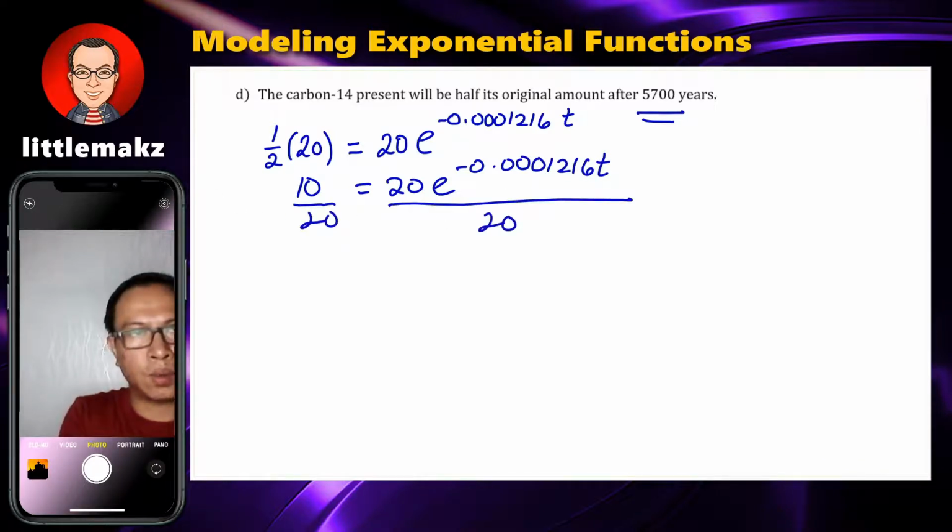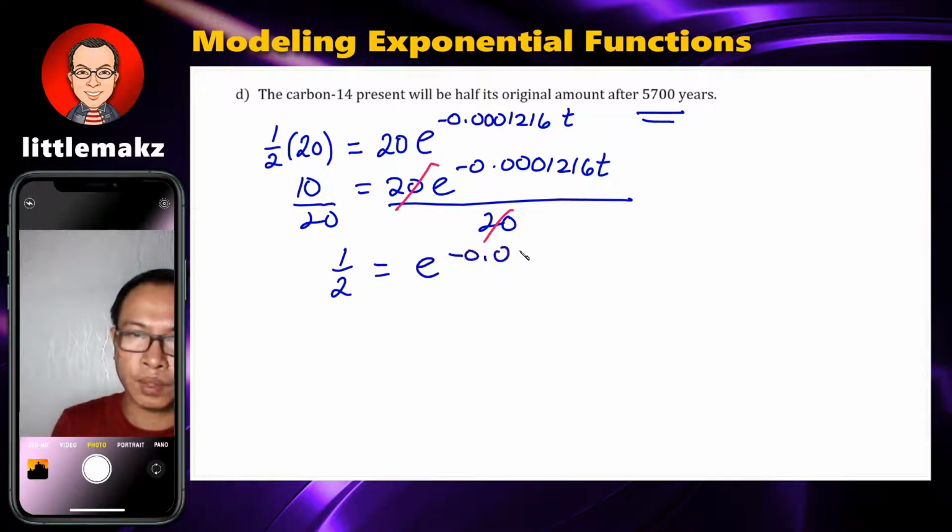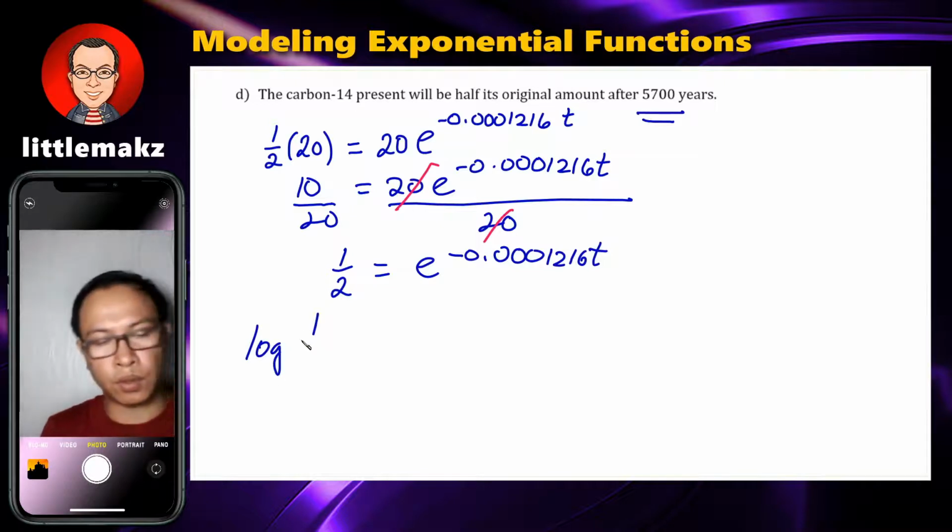And so what remains on the left hand side would be just simply 1/2, or that may be 0.5 in that case. And this is equal to e raised to the negative 0.0001216t. Again, taking the logarithm of both sides, we use the natural logarithm.